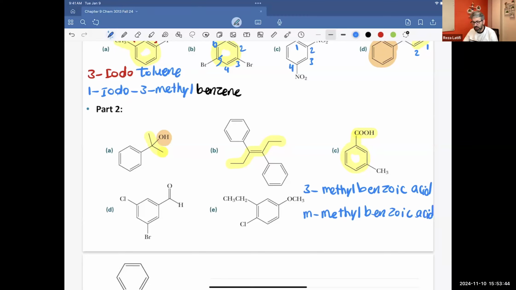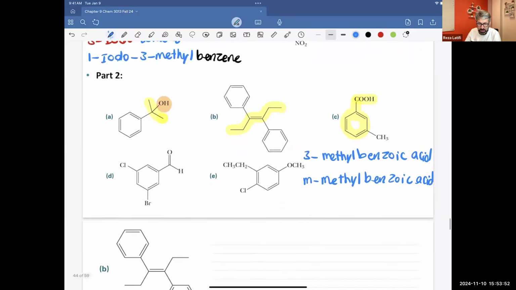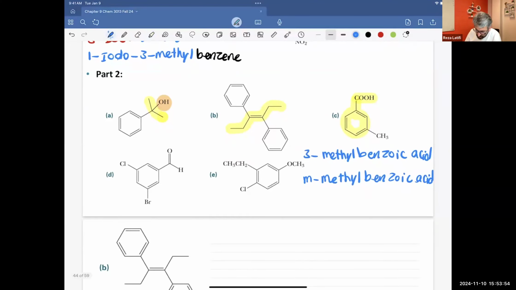Okay, that's another way to name it. So 3-methyl benzoic acid or meta methyl benzoic acid.